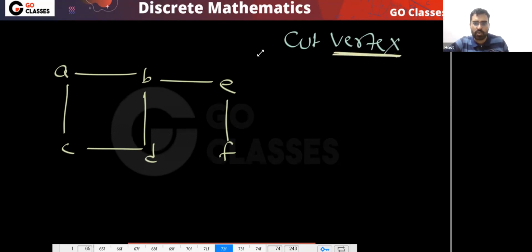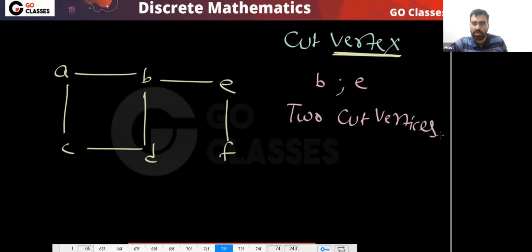So I can say B is a cut vertex. I can say E is a cut vertex. So you have two cut vertices in total.